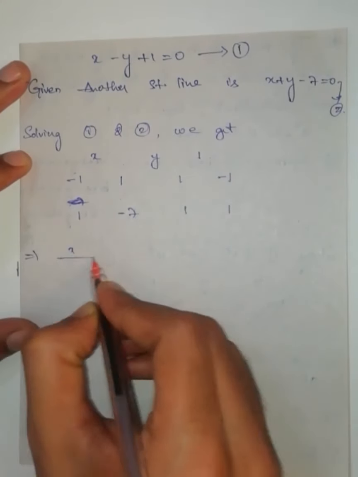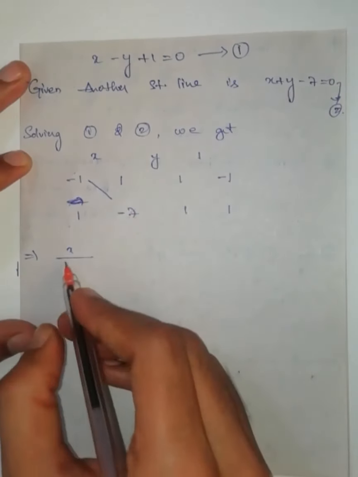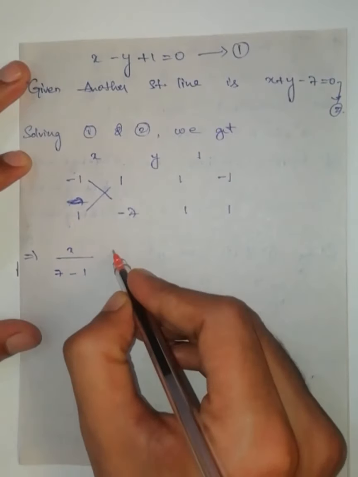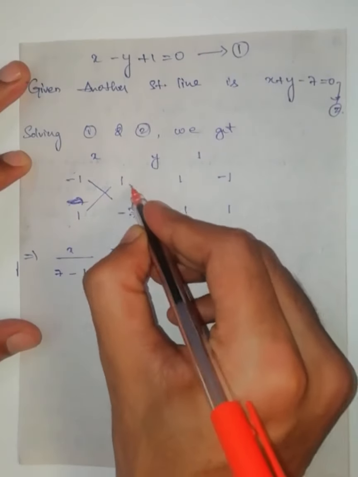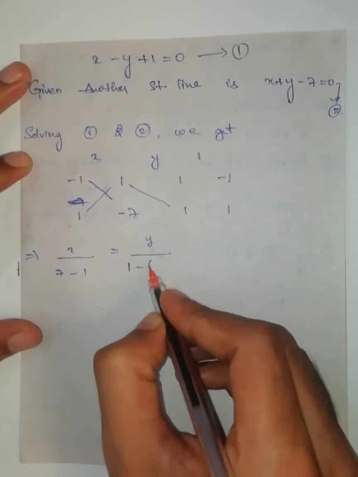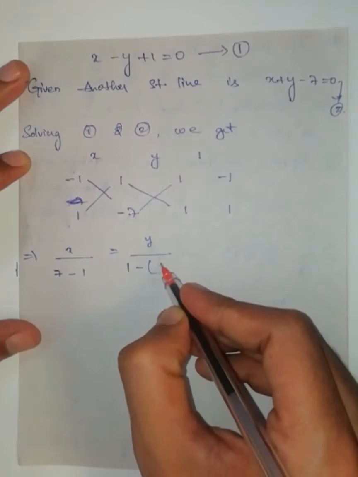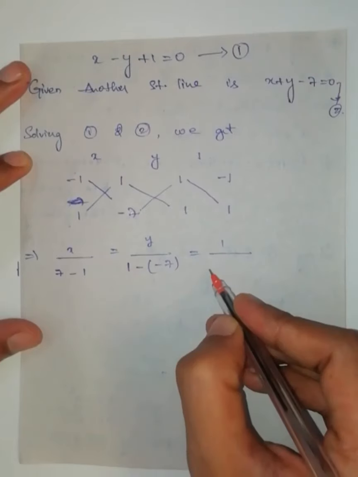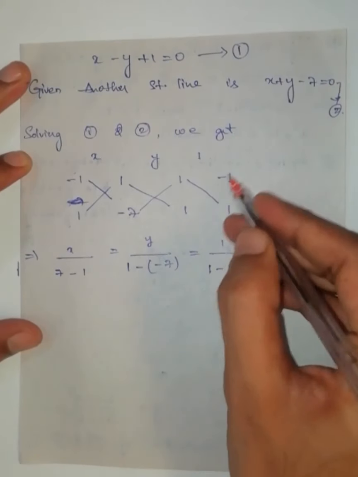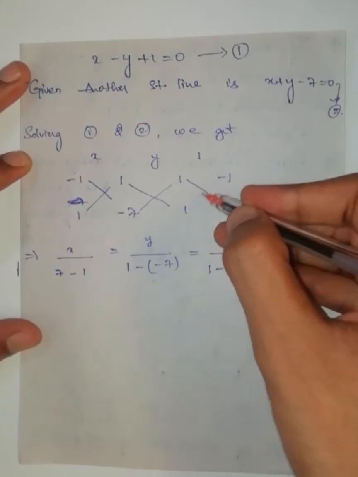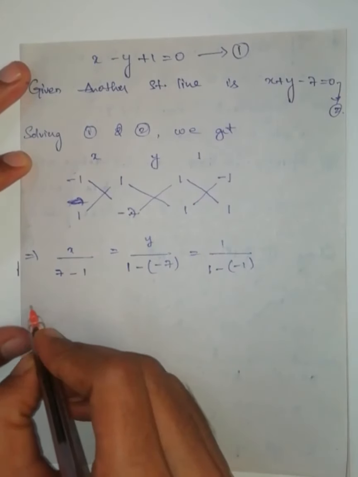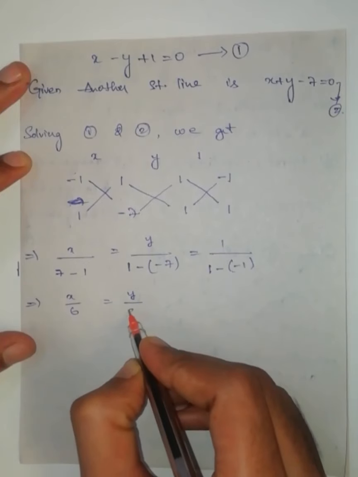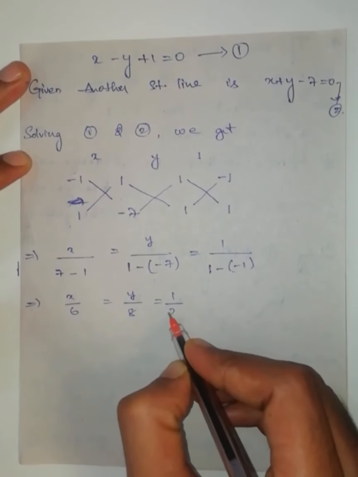This implies x by minus 1 into minus 7 is 7, minus 1 is equal to y by 1 into 1 is 1, minus 7 into 1 is minus 7, is equal to 1 by 1 into 1 is 1, minus 1 into minus 1 is minus 1. This implies x by 6, y by 8, 1 by 2.